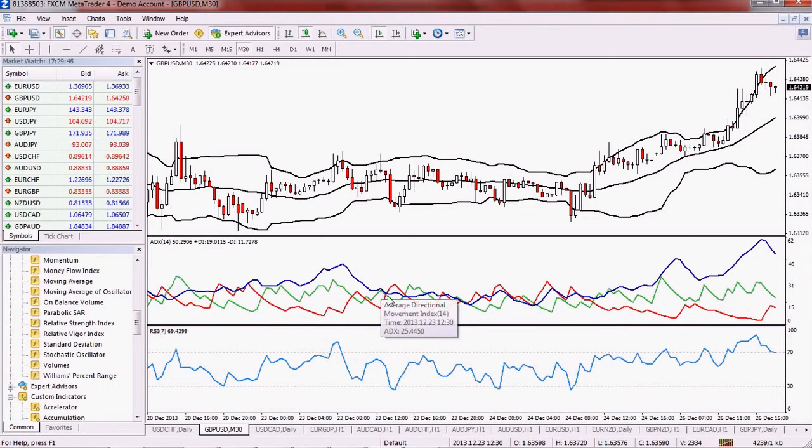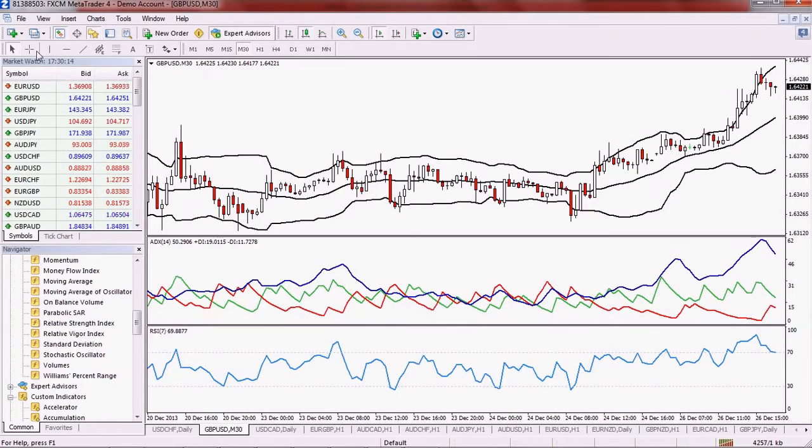For the buy signal, first you have to observe the RSI indicator. For a buy signal, the RSI should cross the 30 level from below, and the actual ADX line, which is the blue line, should be less than 32.